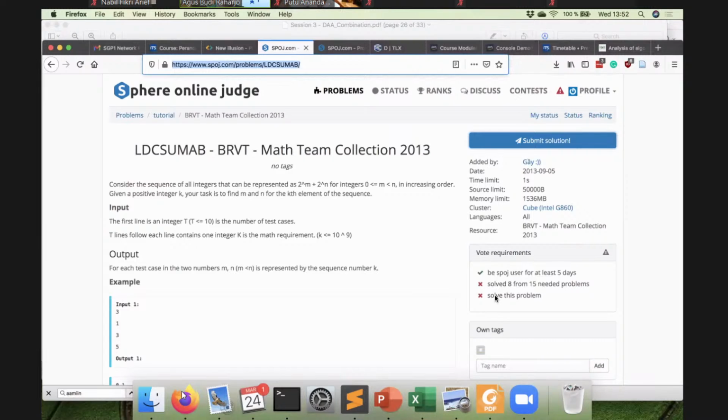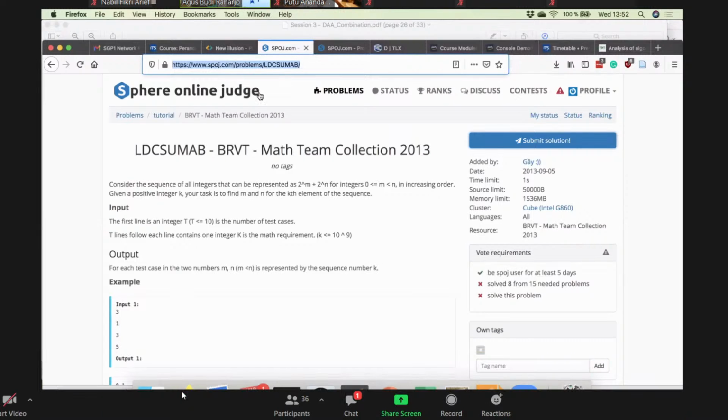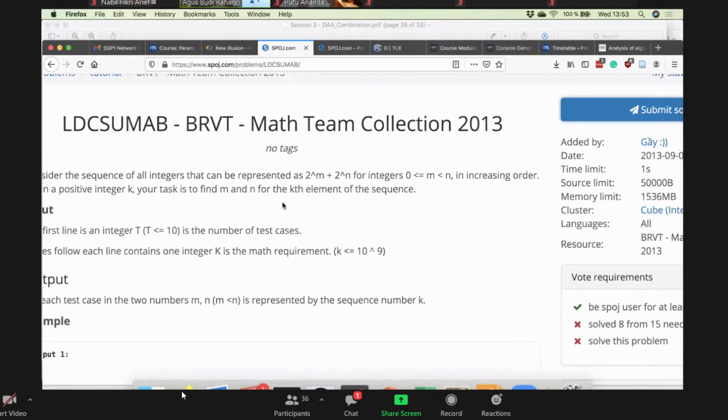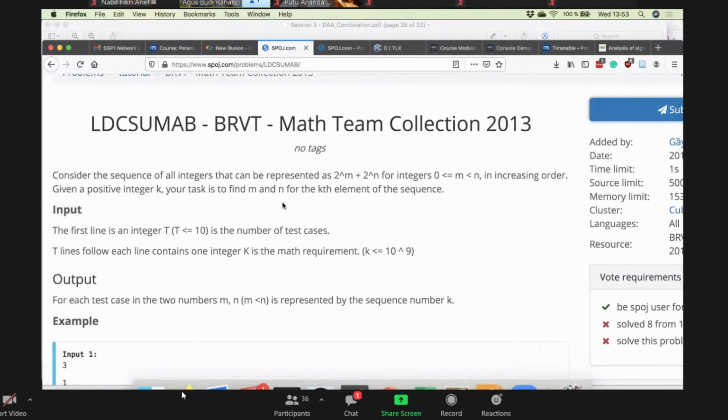So this is the first assignment for this week. Try to open this link and try to understand the problem. I will give you like 5 or 10 minutes to understand the problem. Then we'll discuss it shortly. Then we'll continue to solve the problem.